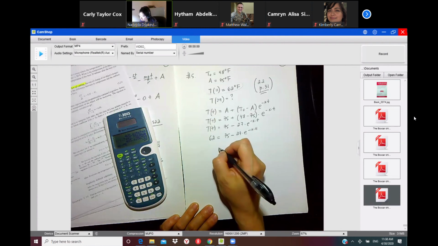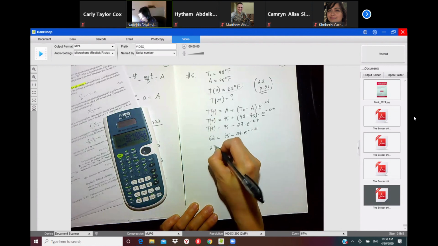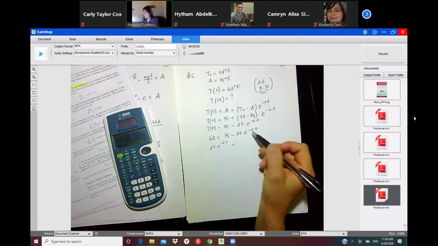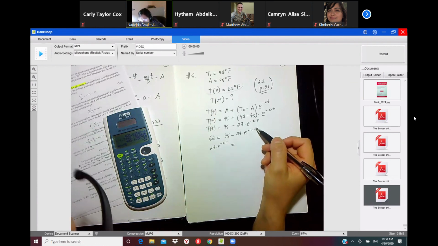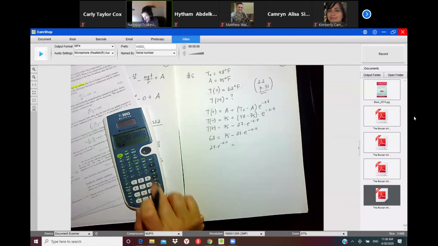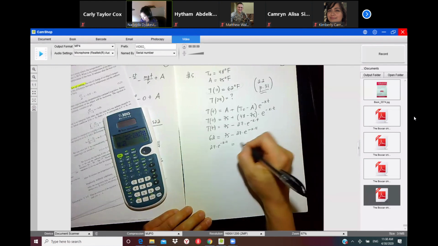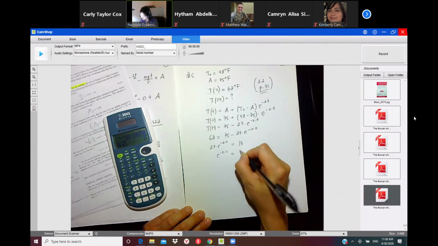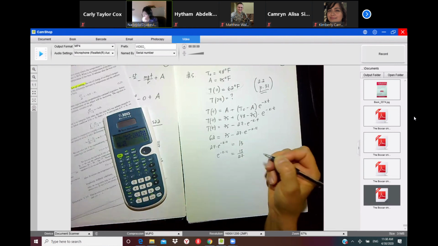So let us solve this. I added 27 times e to the negative k times 11 to both sides. And that means here we have 75 minus 62, 13 right here. This is what I'm getting so far.